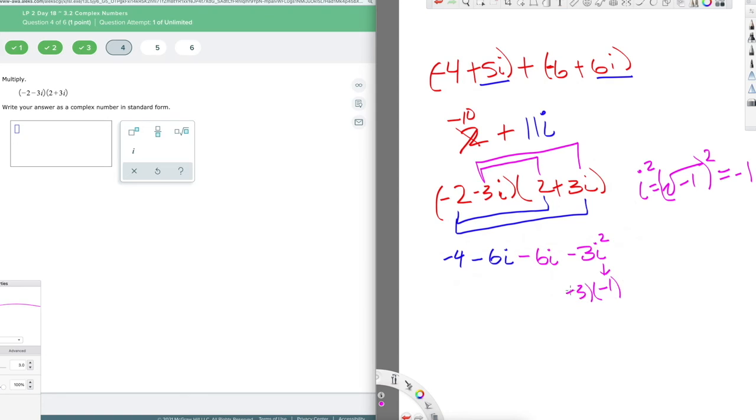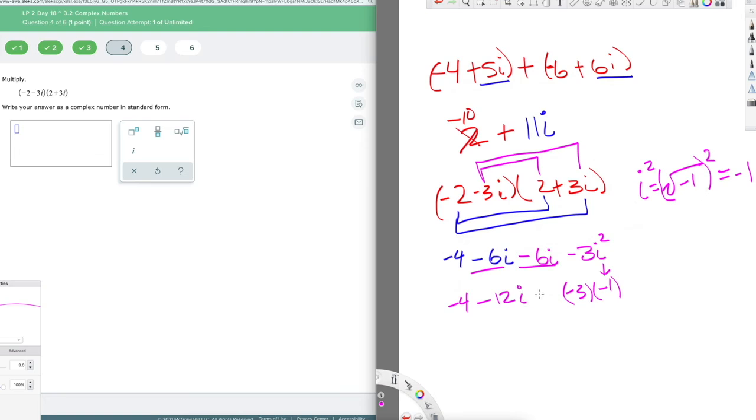So when we see that i squared, once we start adding other exponents, we need to start applying those other exponents. It definitely makes it a little different here. I have some like terms I can combine in the middle here. So I have negative 6 and negative 6, that's negative 12i.